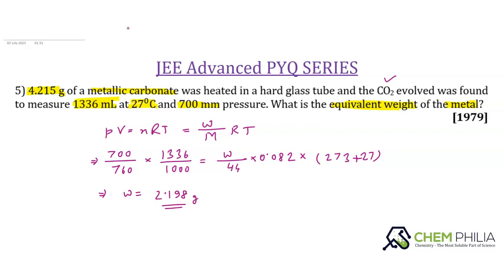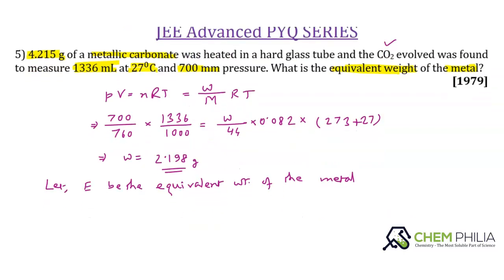Clear? Now what is the question? We have to find out the equivalent weight of the metal. So let E be the equivalent weight of the metal, right? Therefore, the molecular weight of the metal carbonate, right?